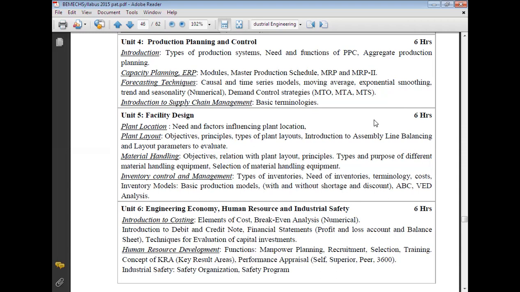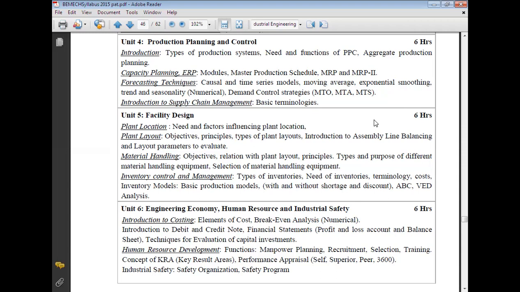Here in this particular part, we will be observing types of inventories, need of inventories, basic terminologies of the inventories, then what are the different costs, inventory models, basic production models, with and without storage and discount that we will see. Then we will see ABC VED analysis. So that is what is about unit number 5, which is nothing but the facility design.